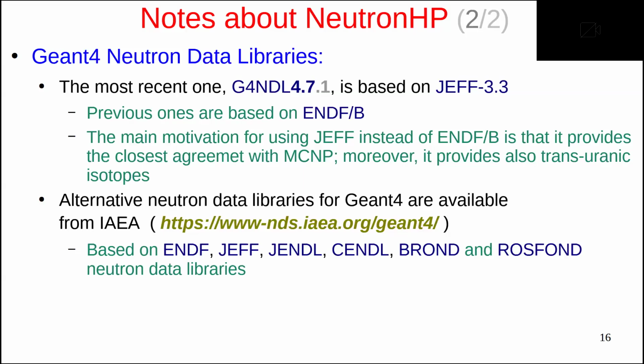And the reason why we moved a few years ago is that by using the JEFF one, there are two advantages. First, we get better comparison, the agreement with the MCNP code, which is probably the most used code for neutronics, the code coming from Los Alamos, which is considered a bit the reference of neutronics. And moreover, by using this JEFF cross-section, we get also the transuranic data.